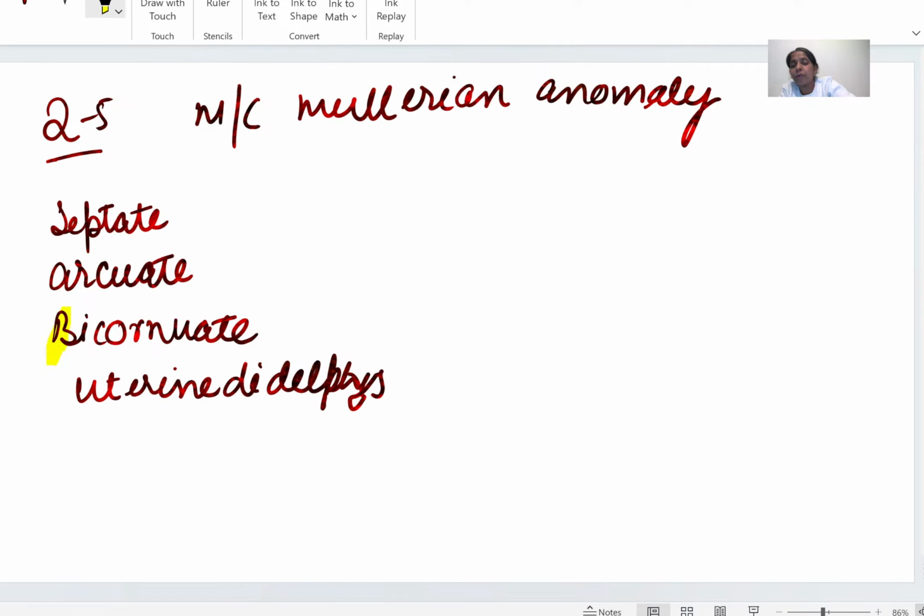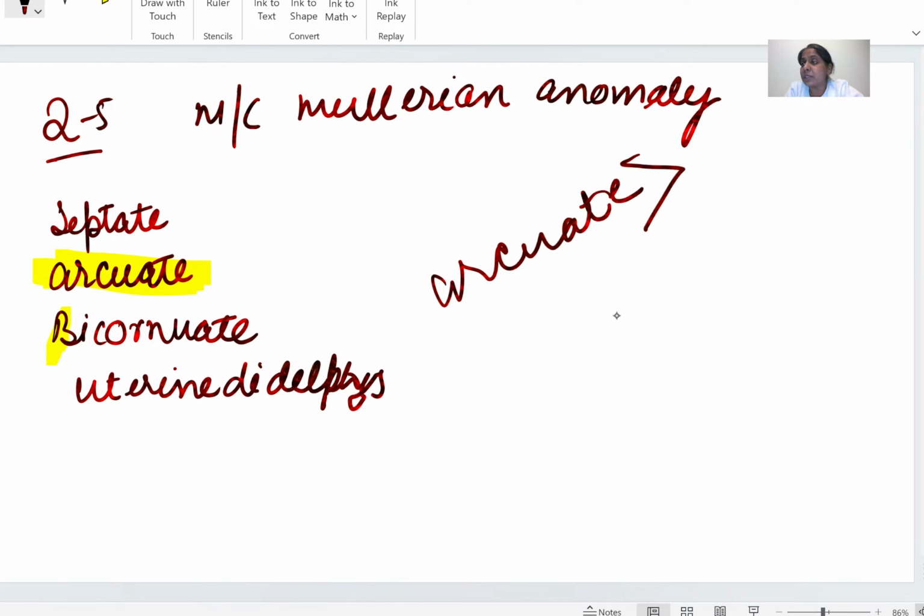So what is the most common Mullerian anomaly? It is arcuate. If arcuate is not in option, then septate. What is arcuate?